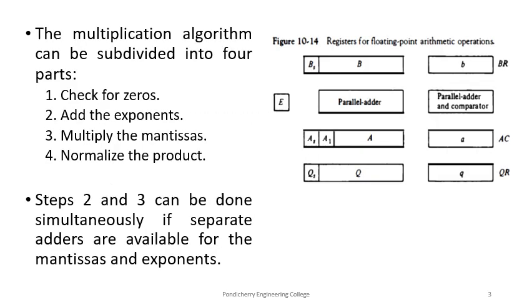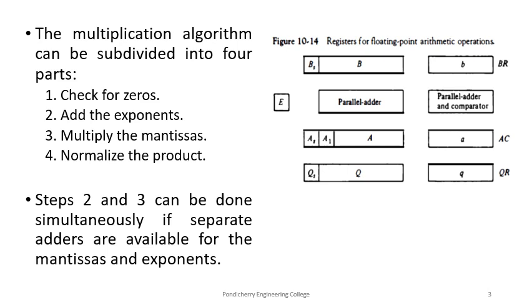The multiplication algorithm can be divided into four parts in case of floating point numbers. First, we have to check for 0, whether the multiplier or multiplicand is 0. In either case, we need not actually do a multiplication. Anyhow, the product is going to be zero, so straight away we can make the accumulator contain all zeros.